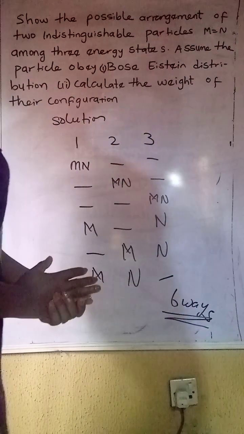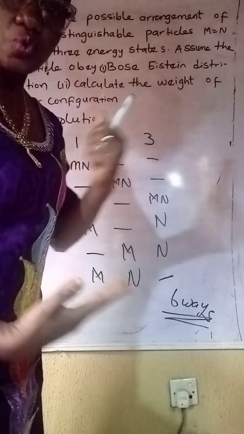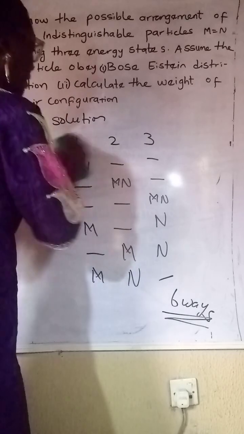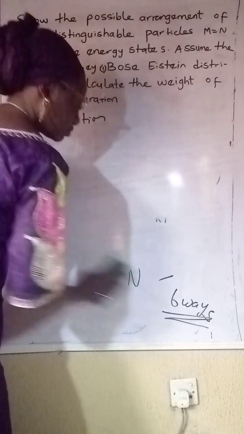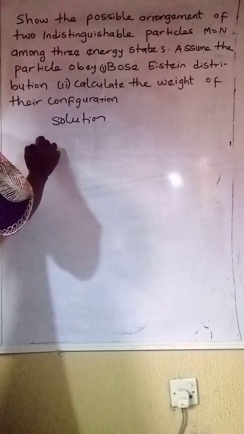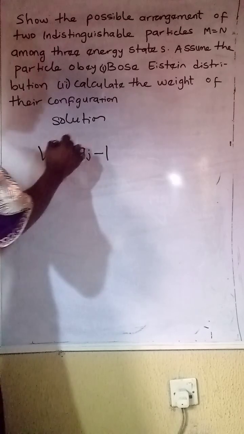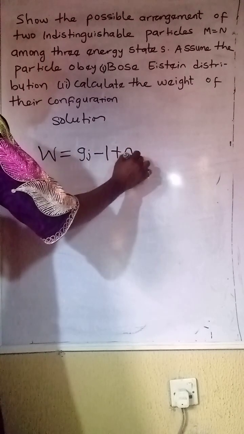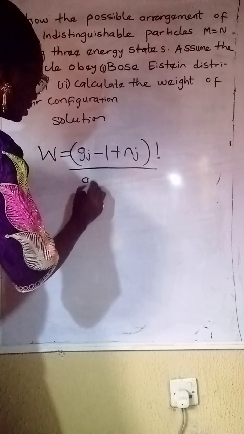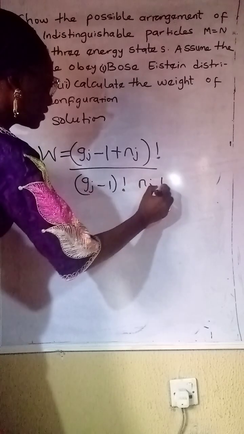So we are going to solve the next question. This next question says that we should calculate the weight of their configuration. To calculate the weight of configuration, we are going to be using a formula. W is equal to (GJ minus 1 plus NJ) factorial all over (GJ minus 1) factorial, then NJ factorial.